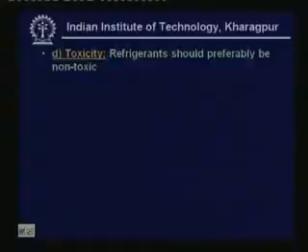Next comes toxicity. Obviously, a refrigerant should preferably be non-toxic. Toxicity relates to the hazardous nature of the refrigerant as far as human beings are concerned. If a refrigerant is toxic and a person is exposed to it, he will be suffocated. So obviously a refrigerant should not be toxic.